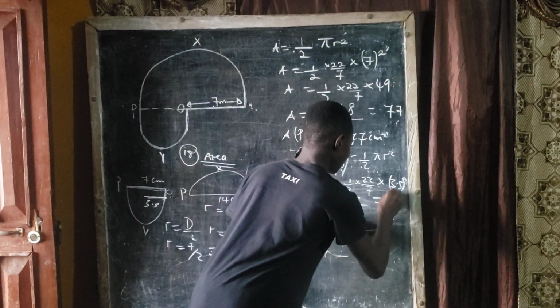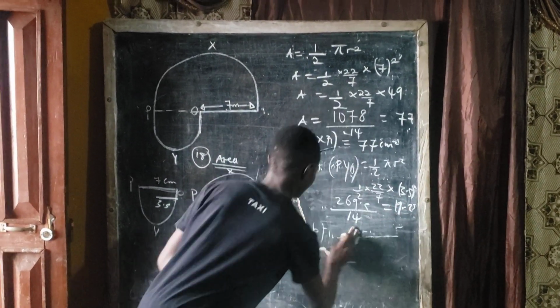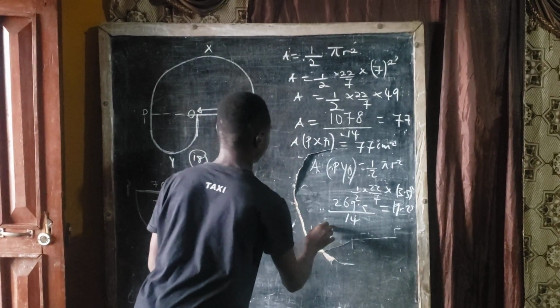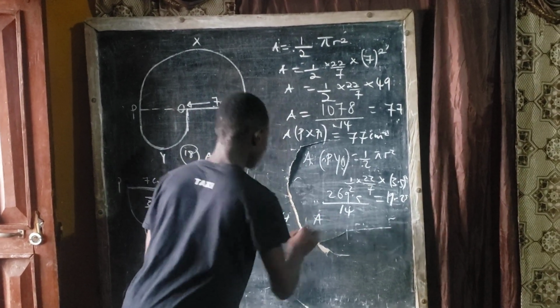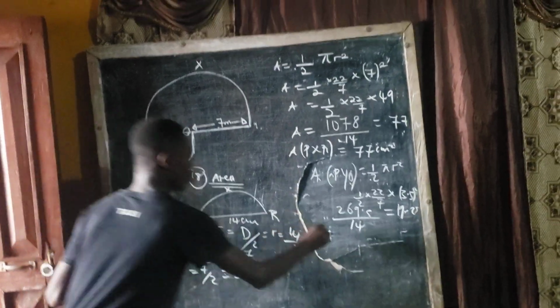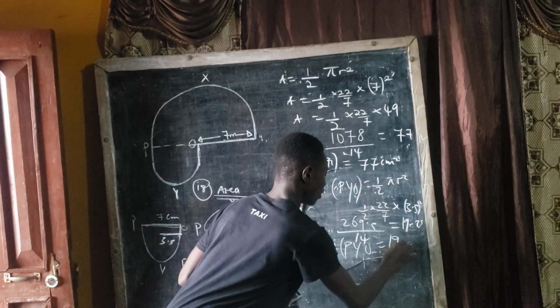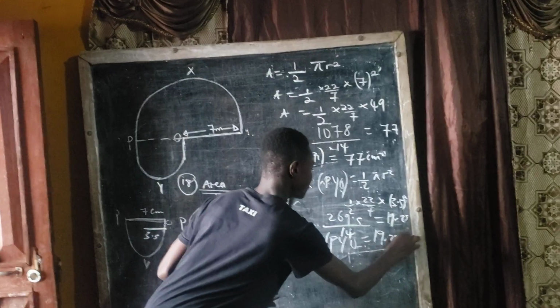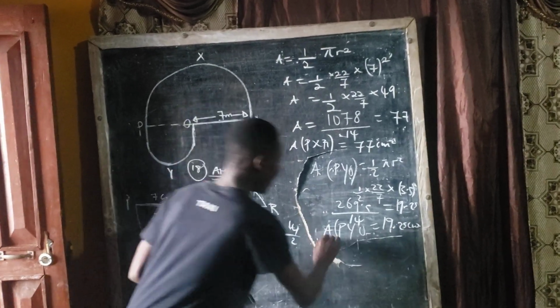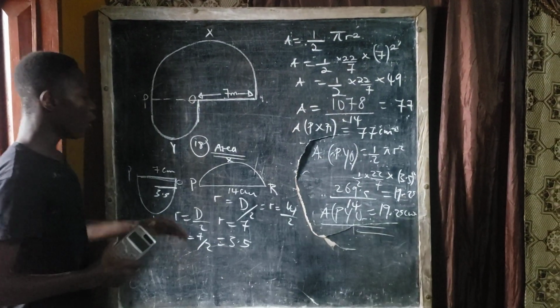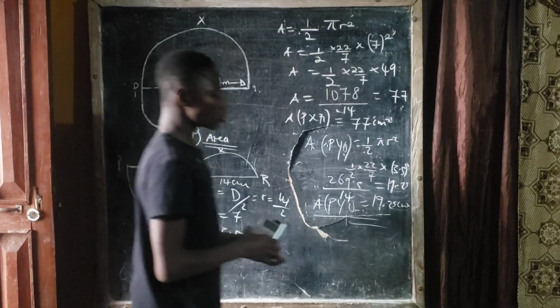The answer is 19.25. The area of this semicircle, PYO, is 19.25 cm squared.